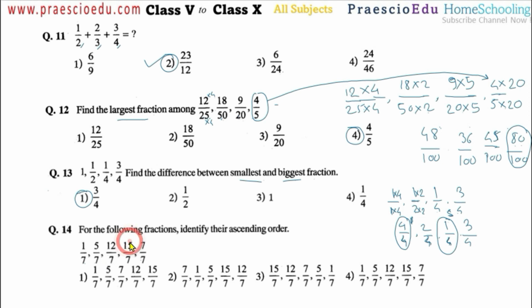If the numerator number is greater, that fraction is the greater. If the numerator number is the smaller, that fraction is the smaller one. Now ascending means we have to choose the smaller one first. Ascending means smaller to the bigger or greater one.